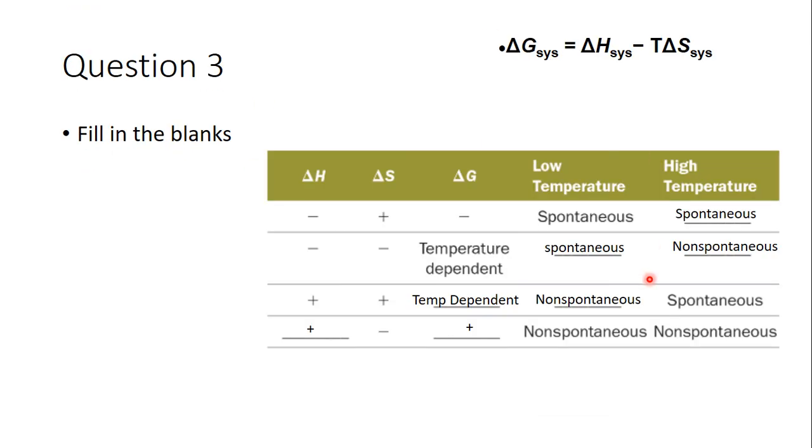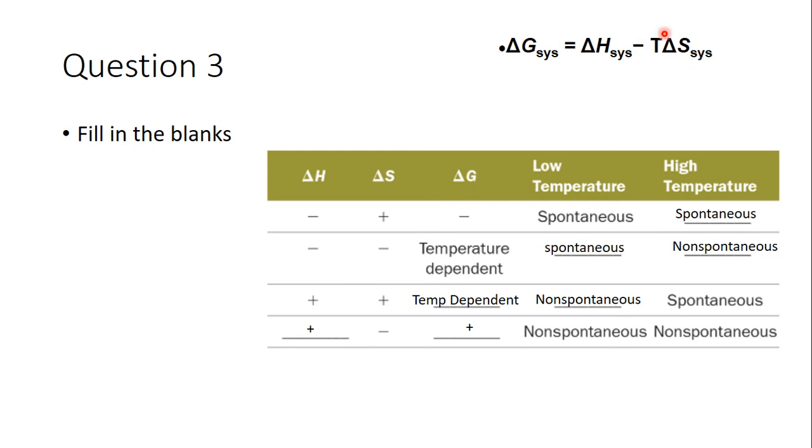So here's a table just looking at how we can calculate delta G with our table here. So for example, in our first row, if delta H is negative and delta S is positive, there's one thing that trips up people.